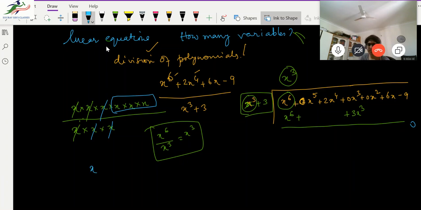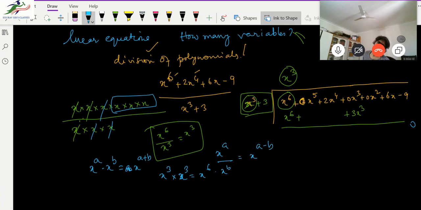So yesterday we did this, right? X to the power a into x to the power b is x to the power a plus b. So x to the power 3 into x to the power 3 is x to the power 6. X to the power a divided by x to the power b is x to the power a minus b.